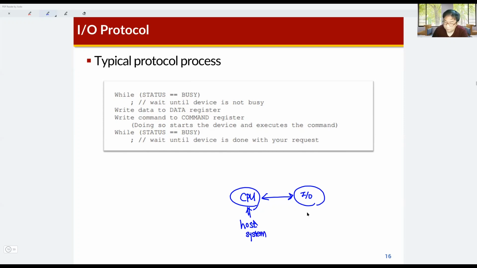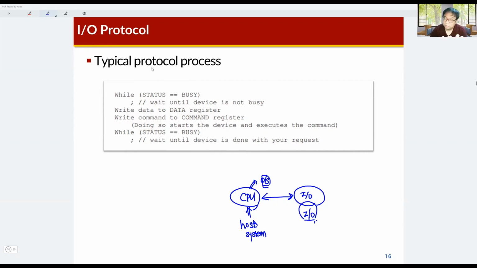Then this I/O device is just the I/O device. This I/O device needs to communicate with the host system, the CPU, and actually the operating system runs on the CPU, and the operating system controls these I/O devices.